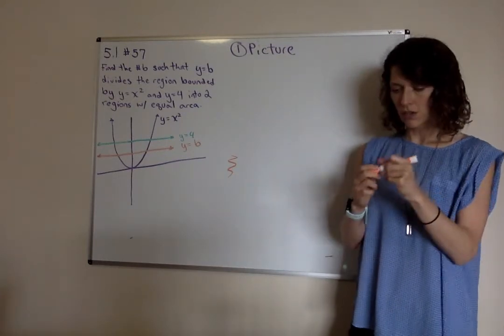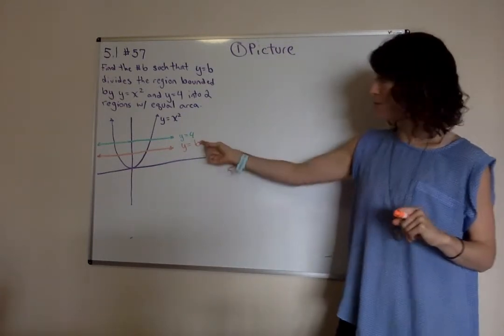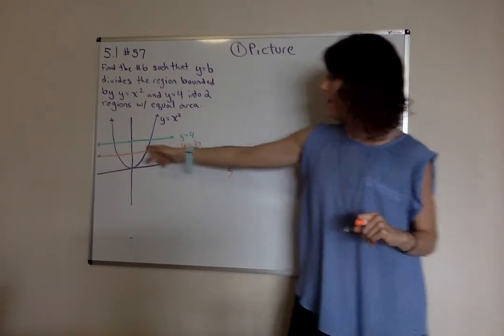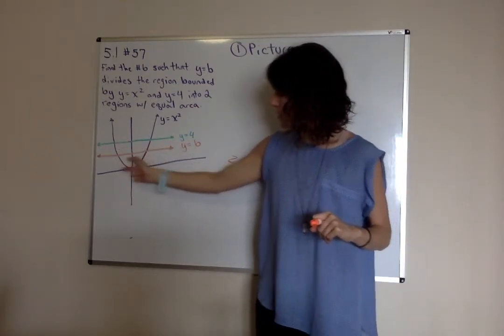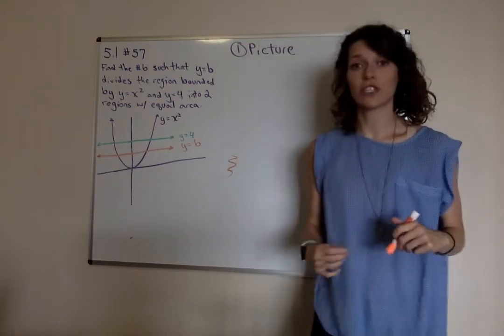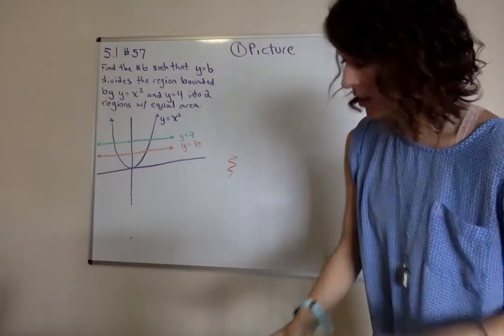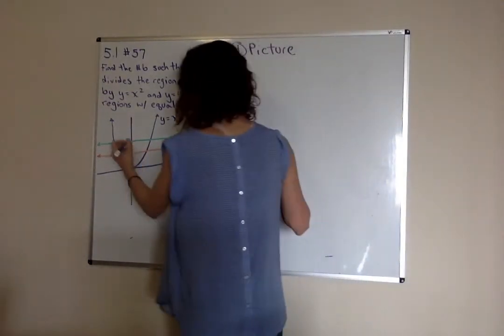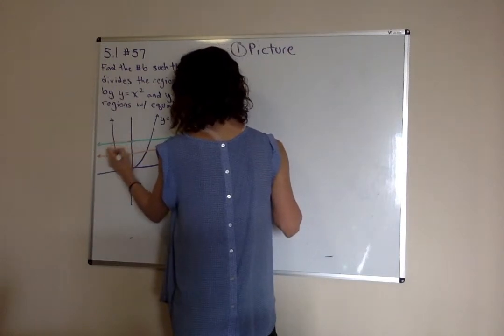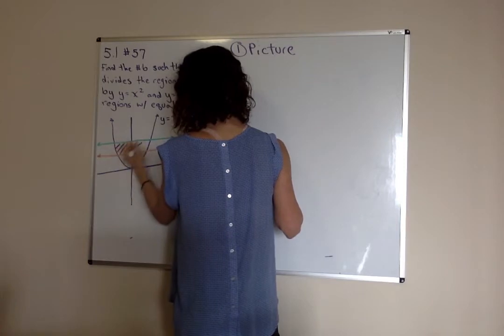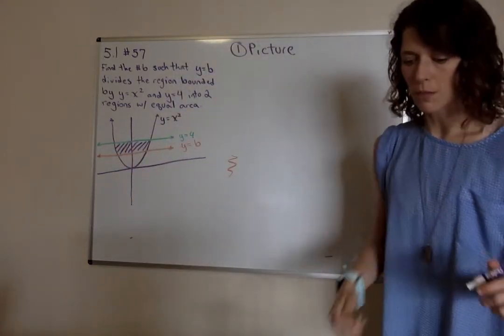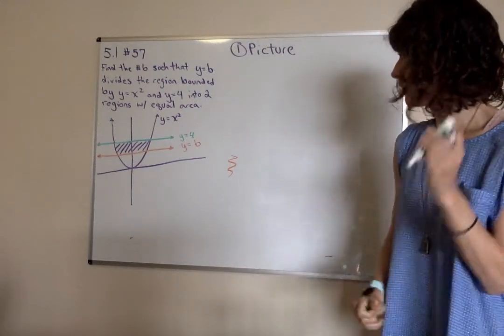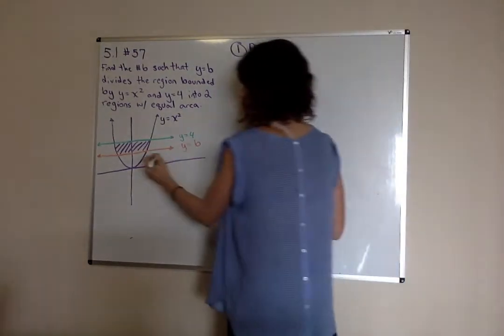Okay, so the idea is that we need to choose b so that this area here is equal to this area here. And I'm going to shade those in two different colors. So we're going to have a purple area right there. And we want the purple area to equal, let's make this a green area.